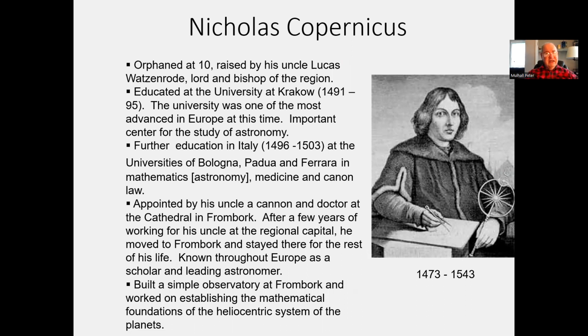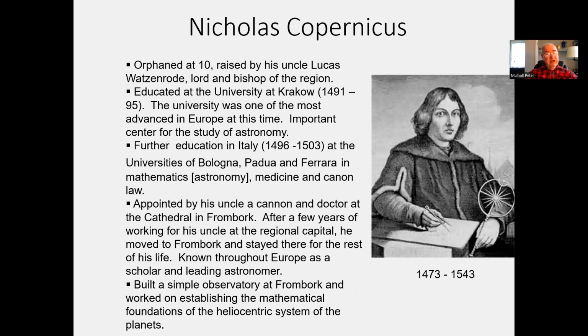He was a highly educated man and very well known in intellectual circles of Europe. And he was given a nice cushy job by his uncle to be a canon up there in the cathedral, not quite a priest, but someone associated with the administration of the cathedral and all of its grounds and all of its properties.